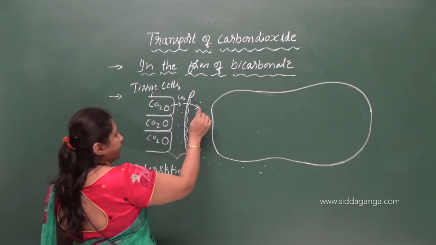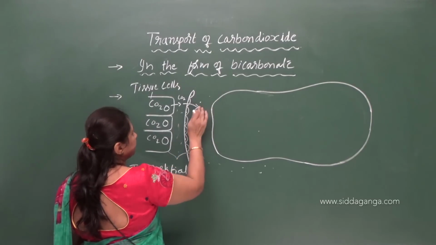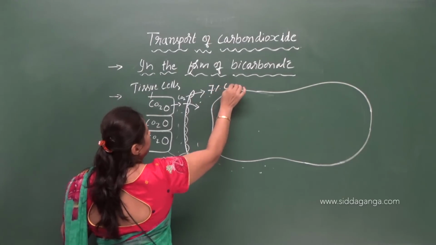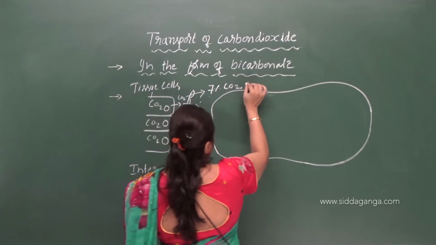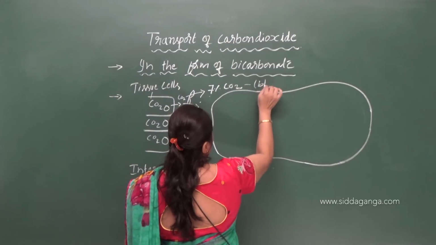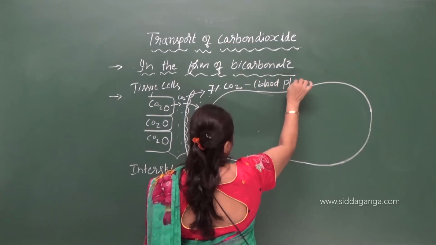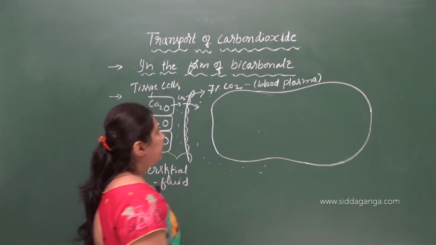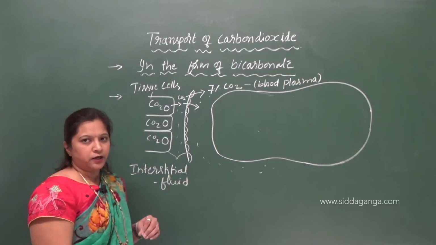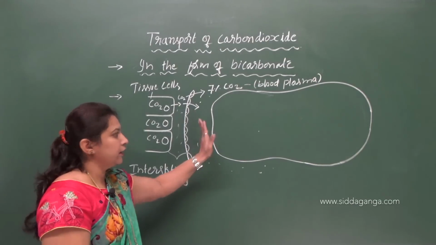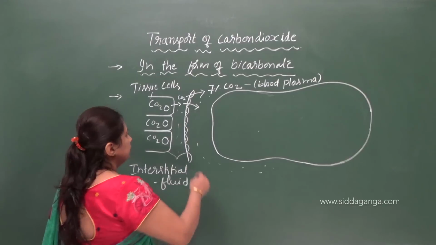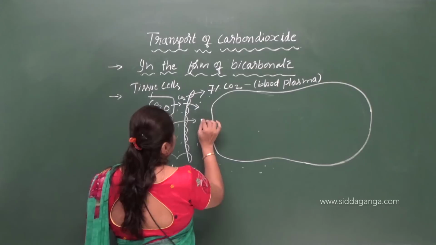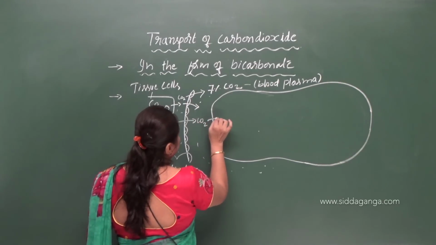In the blood plasma, about 7% of carbon dioxide gets dissolved and is transported in the form of solution. The remaining carbon dioxide will enter into the RBC.